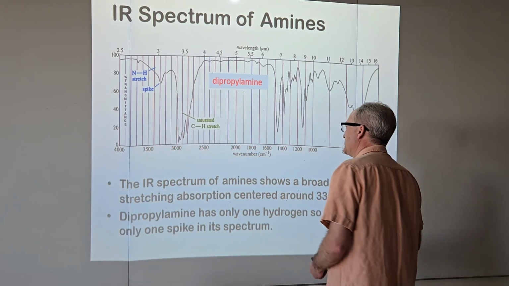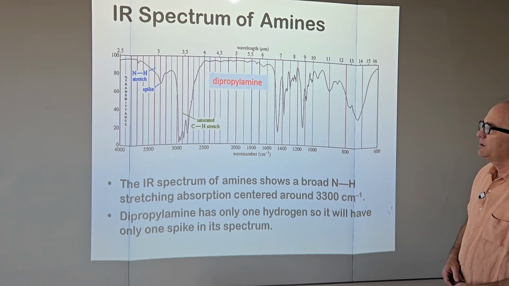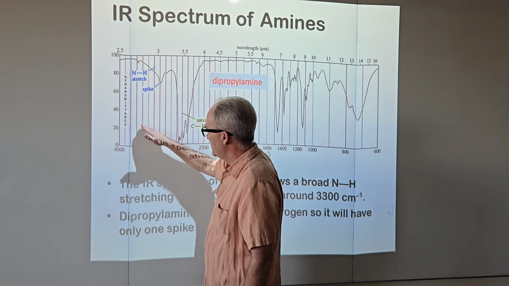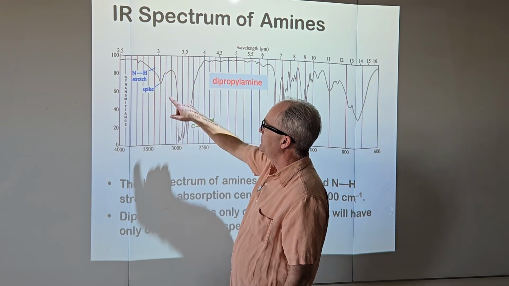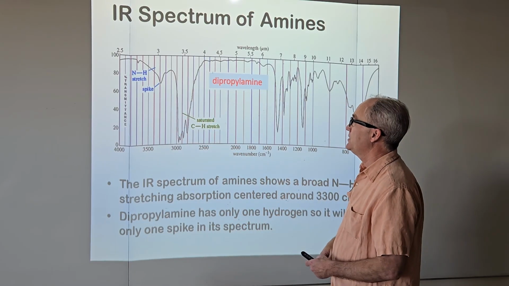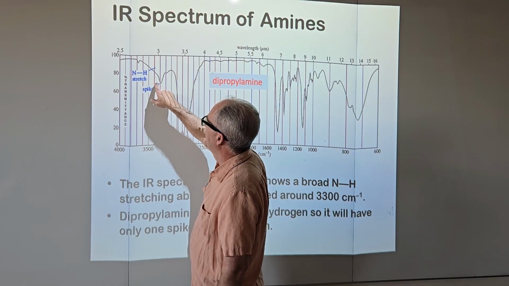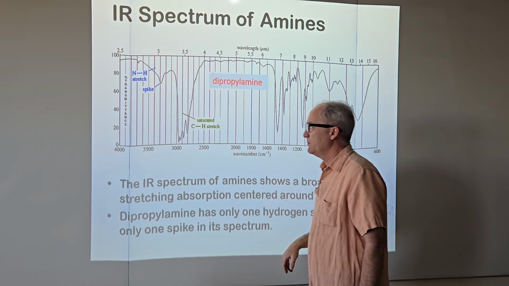Diisopropylamine. So this is a secondary amine. That means there's just one hydrogen. So here's this broad thing. It's not as intense as an alcohol. It has this little spike. And you're tempted to look at that one and say it has two. Must be a primary amine and not a secondary. Well, hopefully I'll have an example where you see both the spikes for a primary amine.